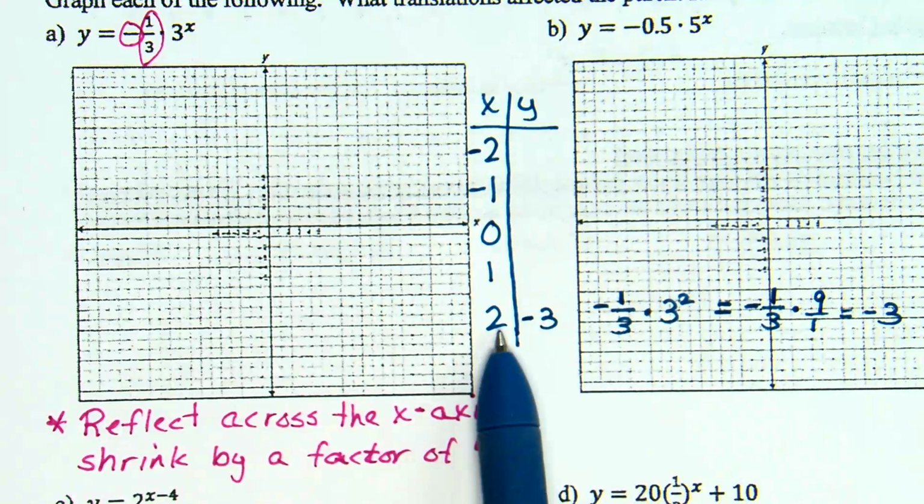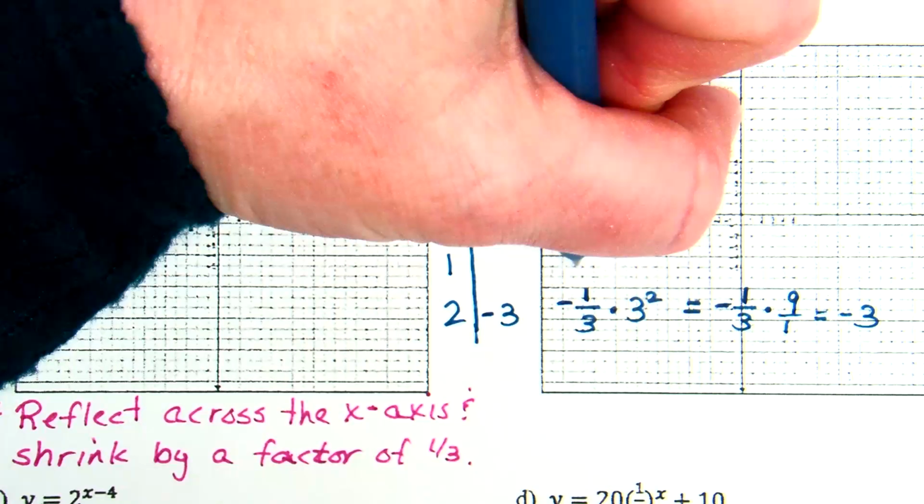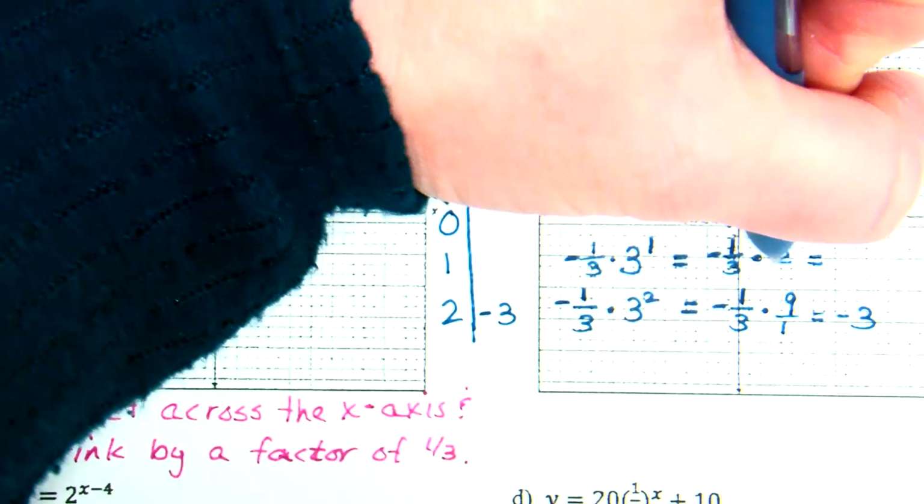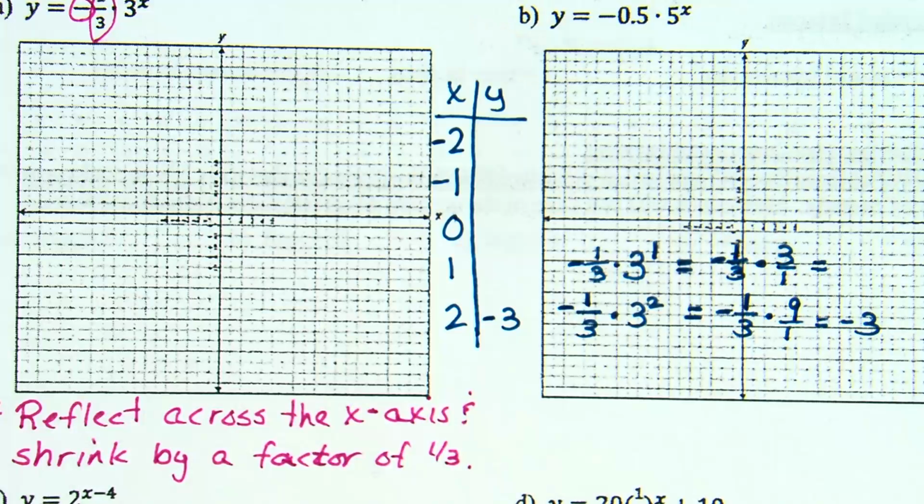Okay, let's plug in 1. Negative 1/3 times 3 to the first. Well, 3 to the first is 3. So negative 1/3 times 3. What is a third of 3? 1. Negative times positive?